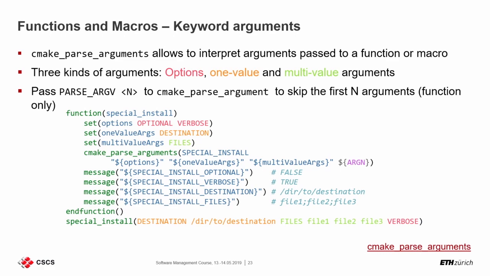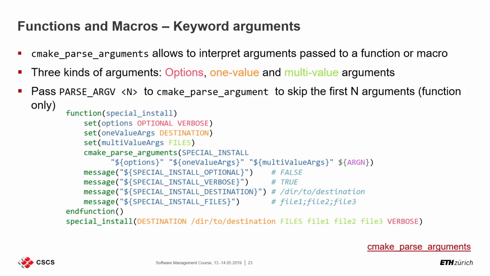Now, if you have many options for this function, this gets confusing. So you can give them a name, DESTINATION, and the next thing is the actual destination. You can say FILES and a list of files. And here you have a keyword, if you like, that doesn't take any arguments. And this is the code that you need inside your function to use this feature.